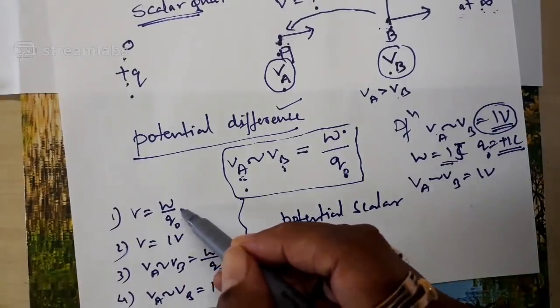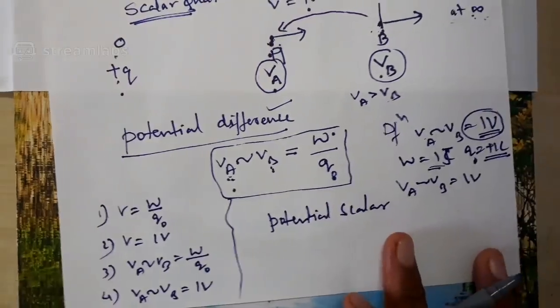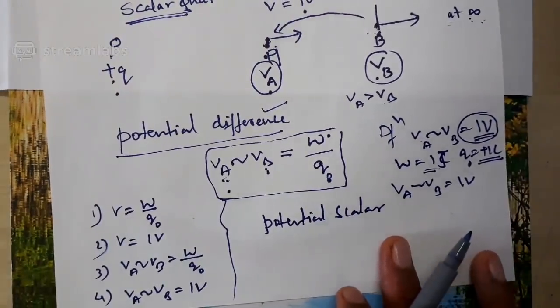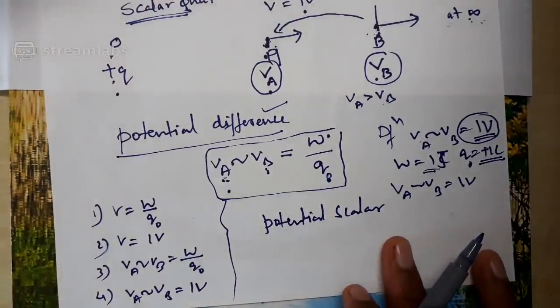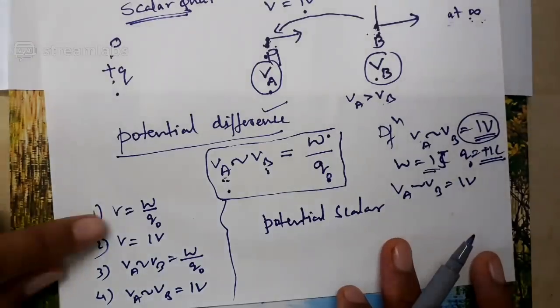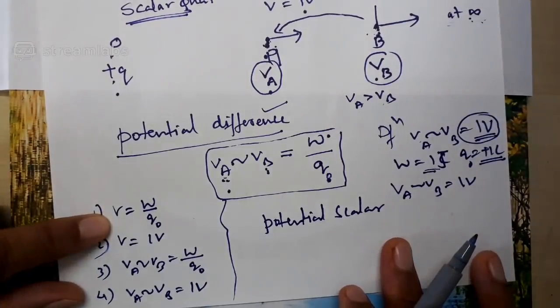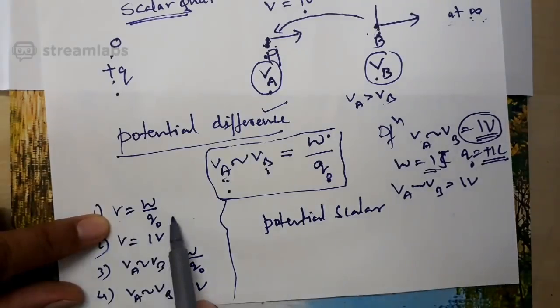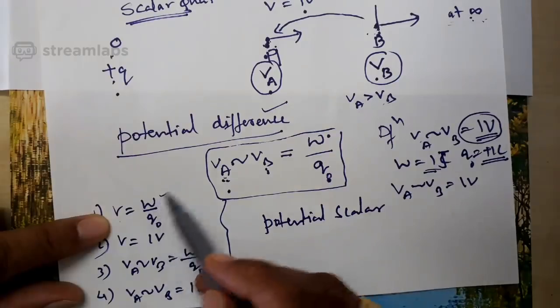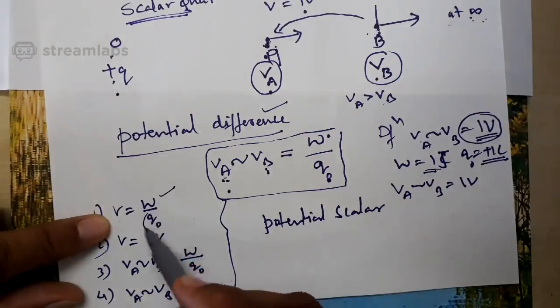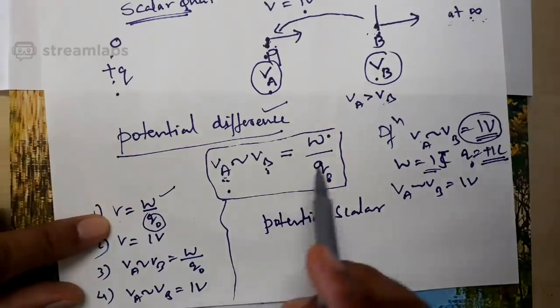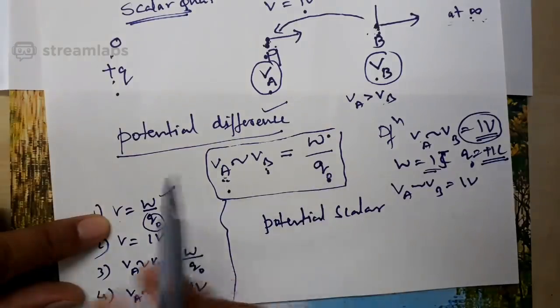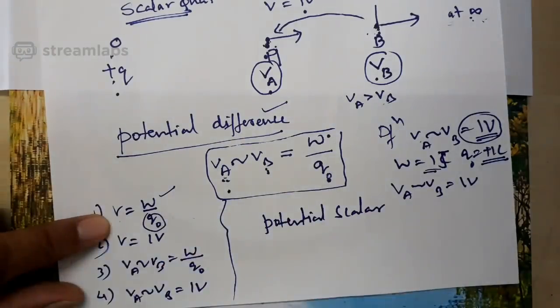Just recall, just for your reference, please concentrate, try to remember, learn the definitions now only. Electric potential at a point is defined as, try to recall the definition along with me. Electric potential at a point is defined as the amount of work done in moving a unit positive charge from infinity to a point under consideration against the electric field.